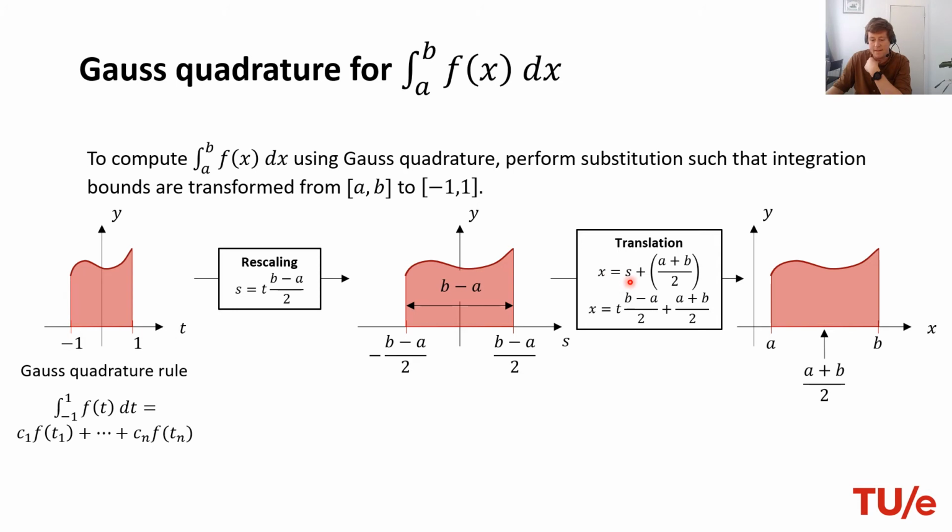So we can write x as s plus this shift of a plus b over 2, or if we plug in our initial variable, which is from -1 to 1, into s over here, we have the relationship that we have to transform this variable t with in order to come up with x, such that if we integrate f from a to b, this corresponds to integrating the same function f from -1 to 1.